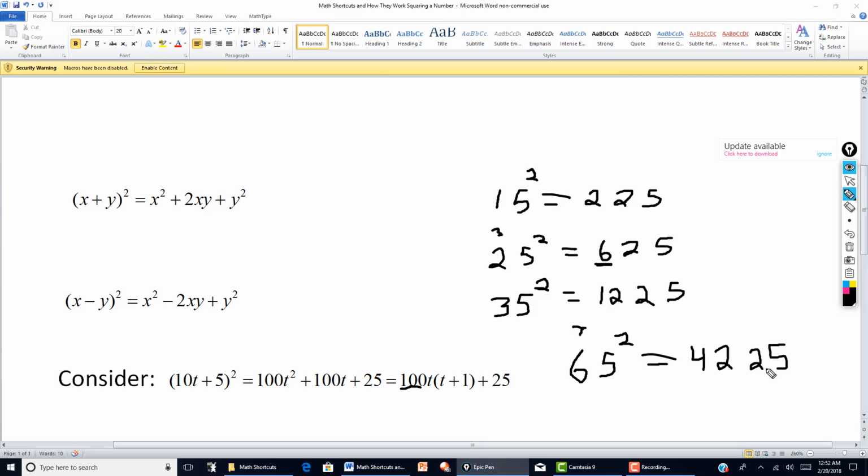Let's try 95 squared. Remember, they all have to end in 25. They have to be 2-digit numbers. So 95 squared, we add 1 to the 9, we get a 10. And then we multiply those out, we get 90. And then it ends in 25.